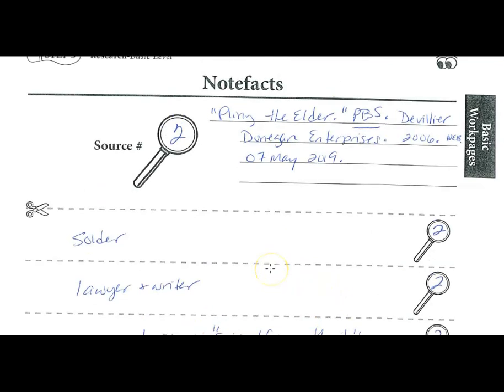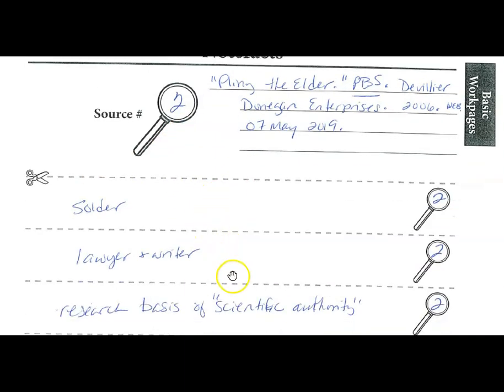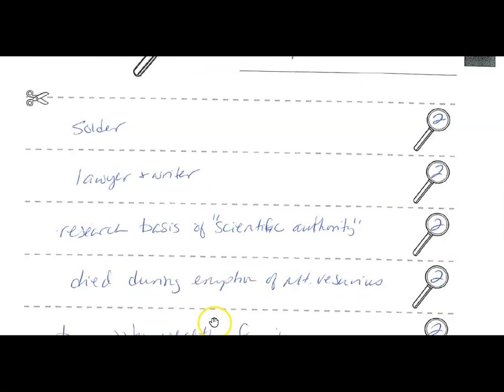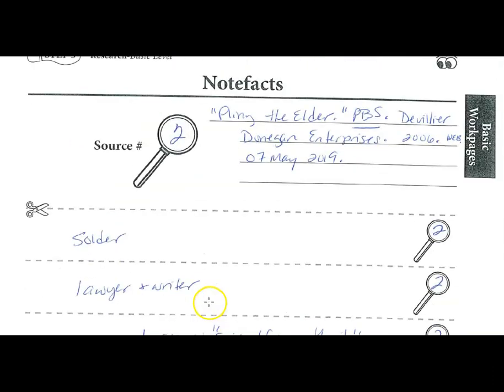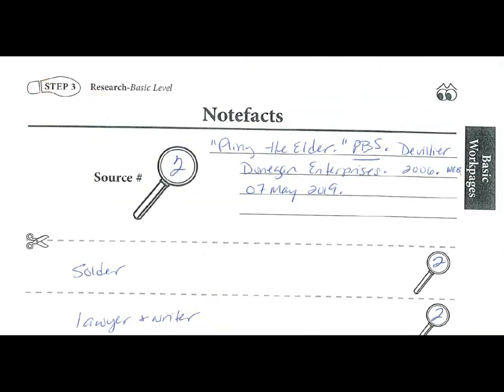Let's do the math. You have 3 sources, 15 note facts. That's 5 per source. Some sources may be more, some sources may be less. But if you're going for anywhere from 3 to 6 little strips, you're going to hit your 15.